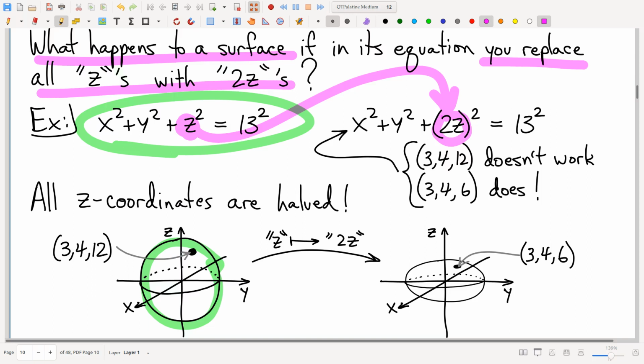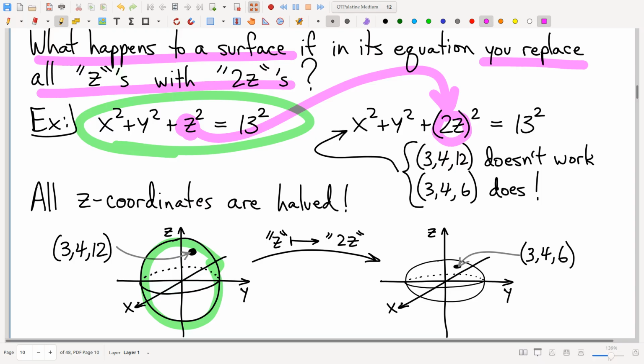And again, very specifically, it's not just typographically, right? You look at the z, and whatever it is that is happening to the z happens to the 2z. So this is 2z quantity squared, not 2z squared. Right? So specifically, the z and everything that happens to it is replaced with 2z.